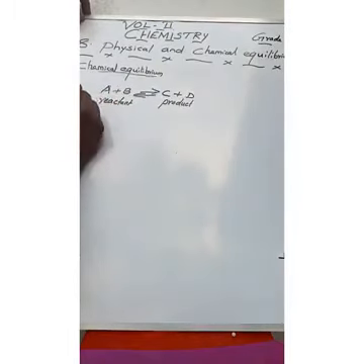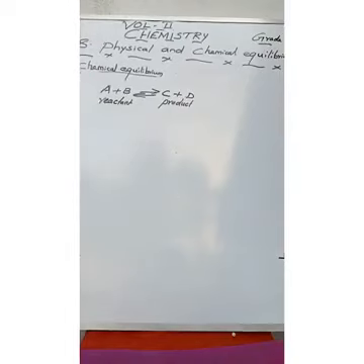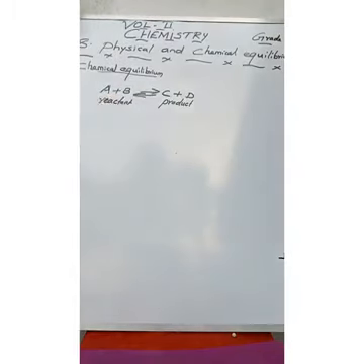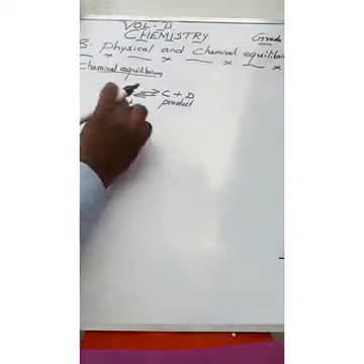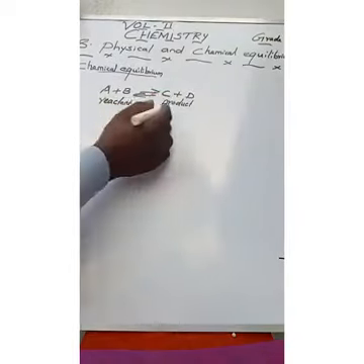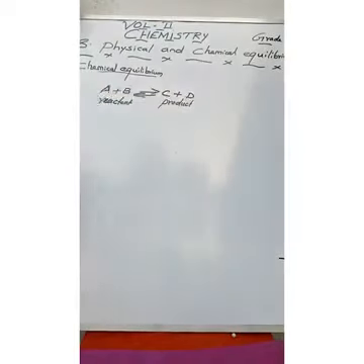As the rate of the reverse reaction increases, the rate of the forward reaction decreases. Don't forget that. So we can say that the rates of both reactions, the forward reaction and the backward reaction, become equal.